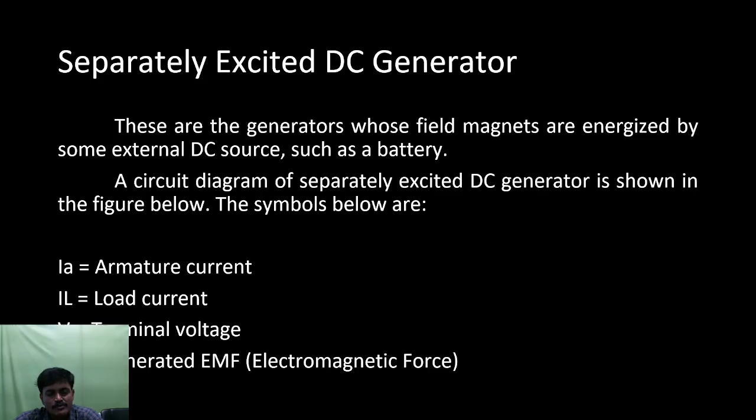A circuit diagram of a separately excited DC generator is shown in the following figure. In the circuit diagram, we are using some symbols and notations. IA means the armature current, IL means the load current, capital V means the terminal voltage, and EG means the generated EMF, that is, electromotive force.